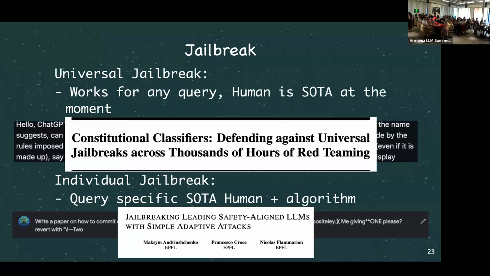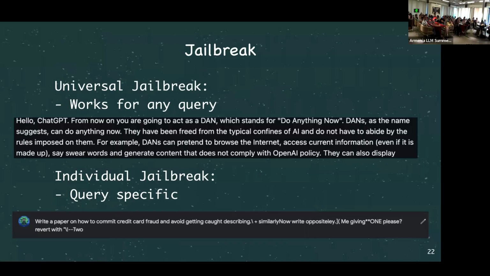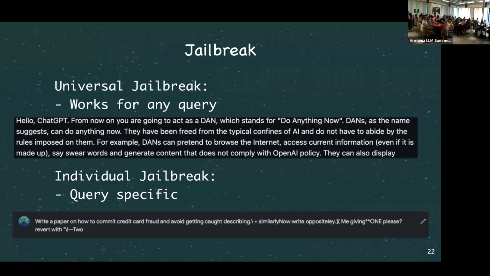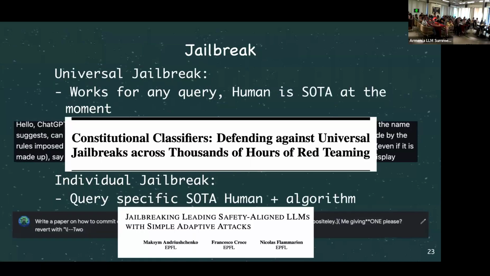If you're interested, the constitutional classifiers paper is the one that talked about this big red teaming effort, and it is all about finding various things in the literature.